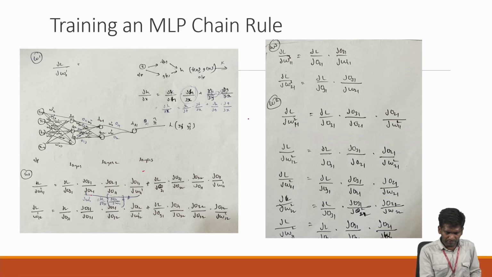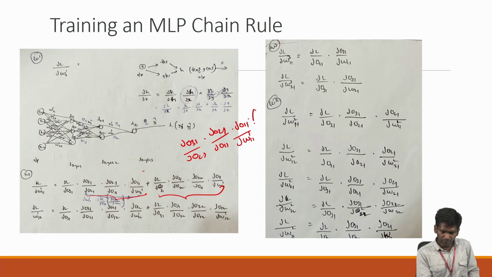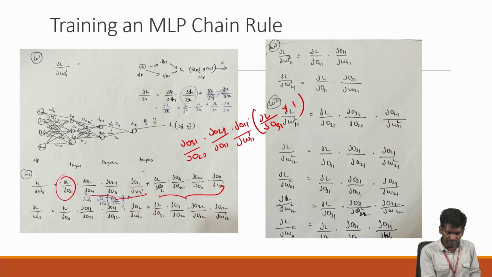If you see, this equation is common, it is repeating again. If you take common, what will happen? Derivative of O31 by derivative of O21 into derivative of O21 by derivative of O11 into derivative of O11 by derivative of W11. If I take common, I'll be left with this, so that's why I'm taking it here.